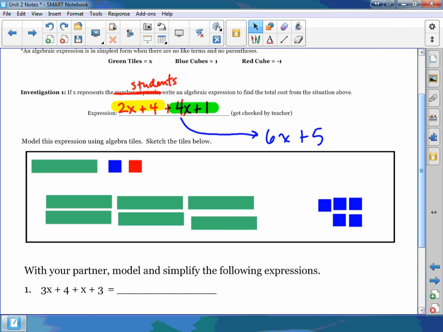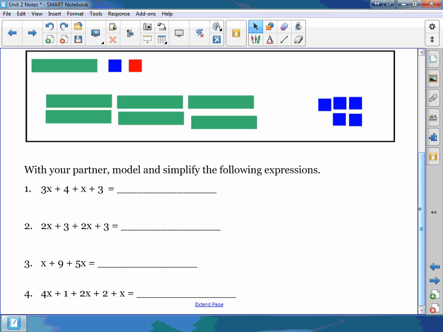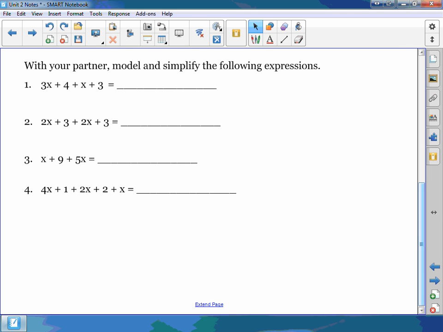Okay. Now, you were to have modeled these next 4 examples. So you took your tiles, you arranged them, you counted them up. This is just to verify your answers are correct. Number 1 simplifies. You're going to end up with 4 x's and then 7 single blue cubes. Number 2, you would have 4x plus 6.